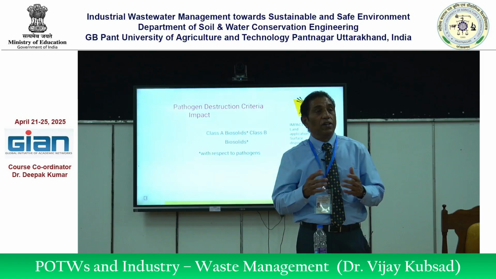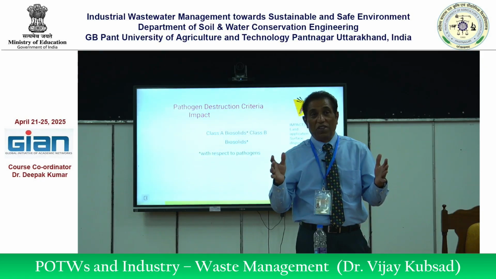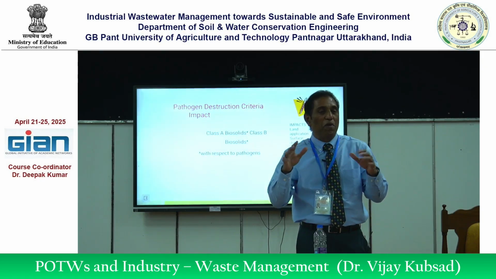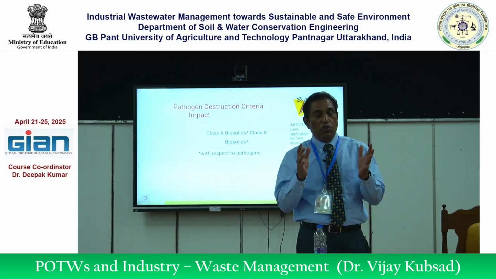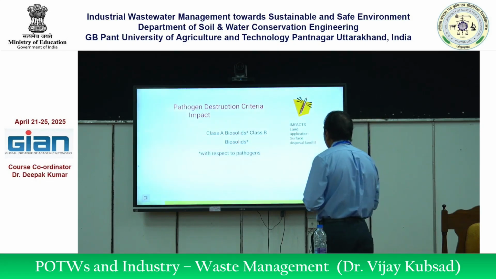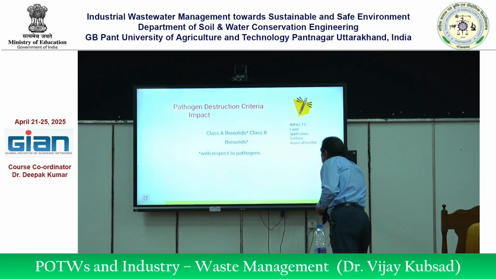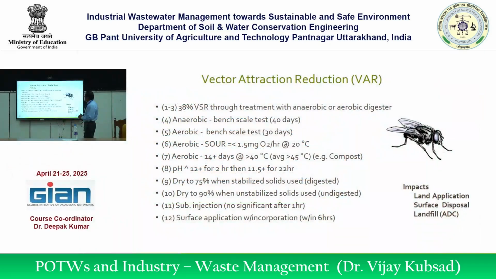See, that is why I was telling, often we have limited space and a lot of people thickly populated. It is very important for all of us to take care of the water and the soil, right? Then you have seen these vector attraction reduction.